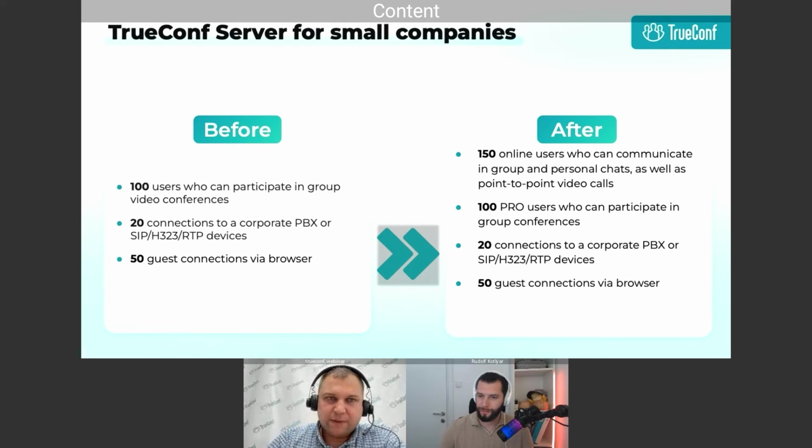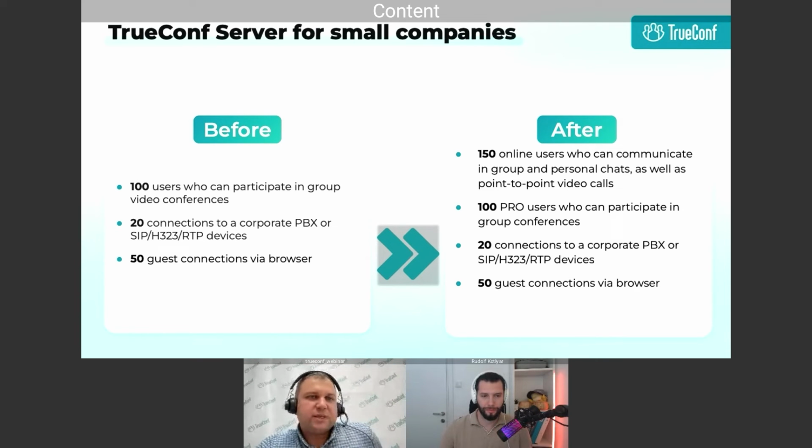Okay, so some examples. Let's take a company that has 100 online users, 20 SIP connections, and 50 guest connections in its license. Once that company upgrades to the new version 5.3, it will receive 150 online users, that means 50% more, and the same number of Pro users as online users.